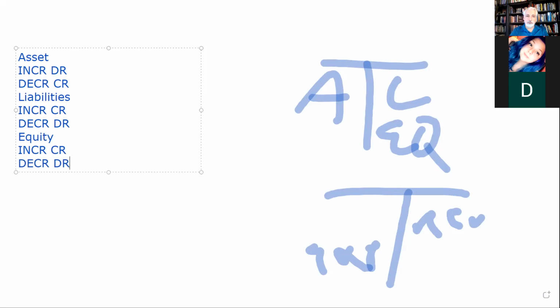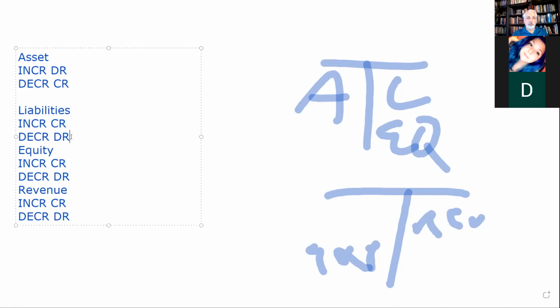Decrease, it's a debit. How about revenue? Revenue is on the right, so it's a credit balance. So an increase, like equity and liabilities, is a credit. And a decrease is a debit. So you now have your work cut out for you. You either need to look at the picture on the right or memorize the table on the left.